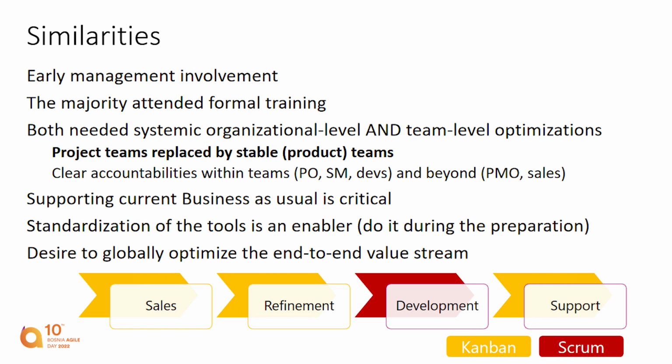So they got jump-started, so to say, in their transformations. Interestingly enough, in both organizations, small and large, they needed some systemic level organizational changes, improvements, and also improvements at the level of each team.